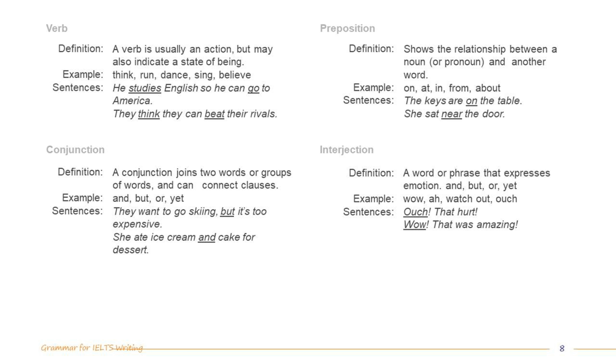On, at, in, from, about. These are all prepositions. For example, the keys are on the table. She sat near the door. Interjection. This is a word or phrase that expresses emotion. Wow, ah, watch out, ouch. Examples: ouch, that hurt. Wow, that was amazing.